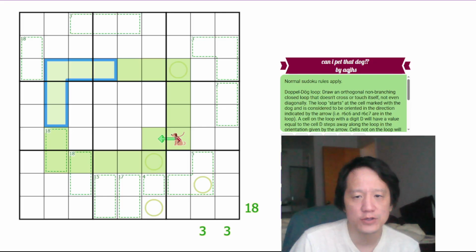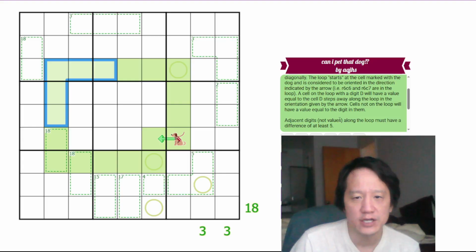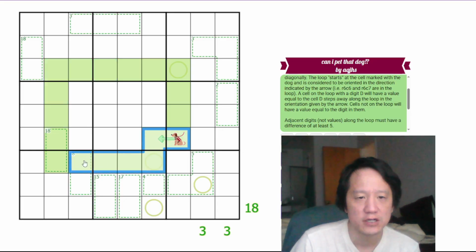The cell on the loop with digit D will have a value equal to the cell D steps away along the loop in the orientation given by the arrow. Cells not on the loop will have a value equal to the digits in them.